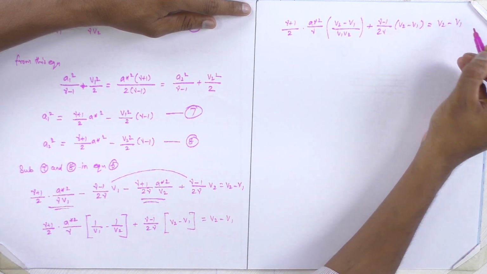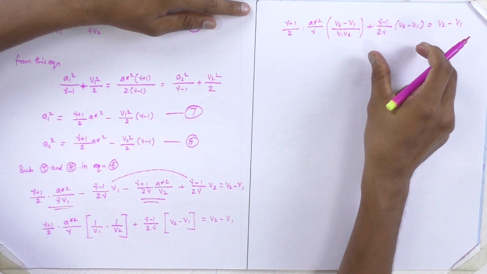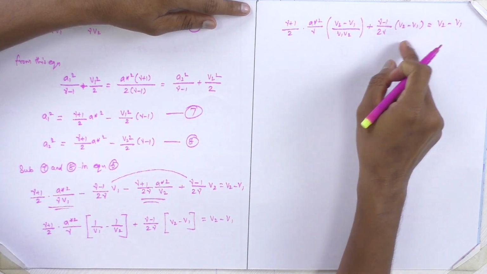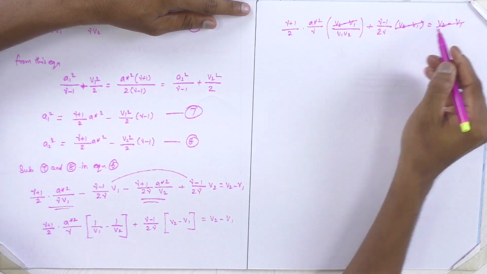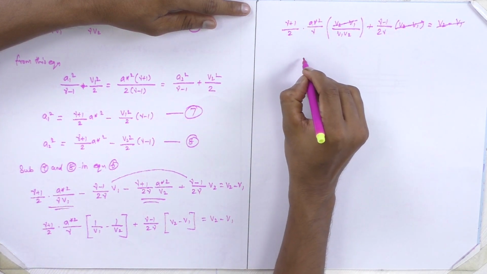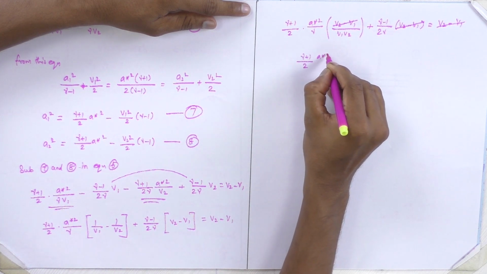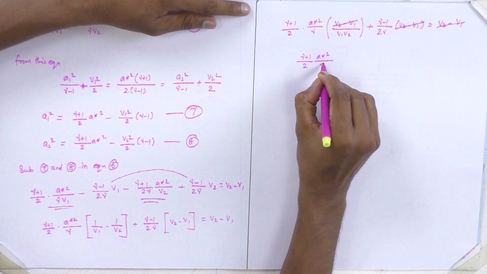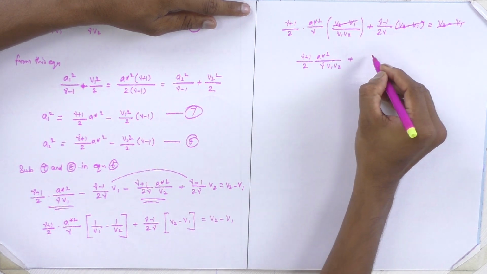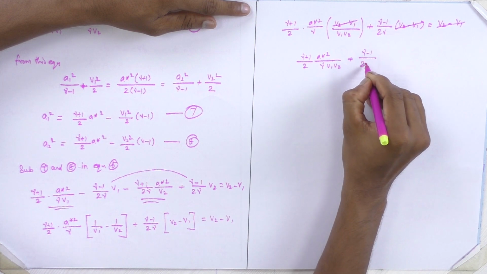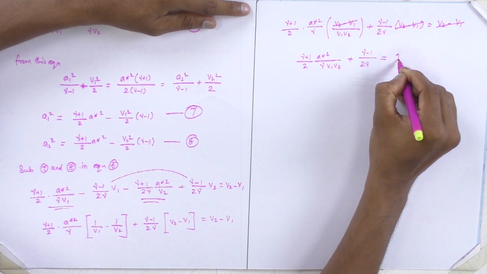See, if you look at this equation, v2 minus v1 is common on both the sides, so we can cancel this term. So the remaining term will be (gamma plus 1)/2 a star square divided by gamma v1 v2, plus (gamma minus 1)/(2 gamma), and this is equal to 1.